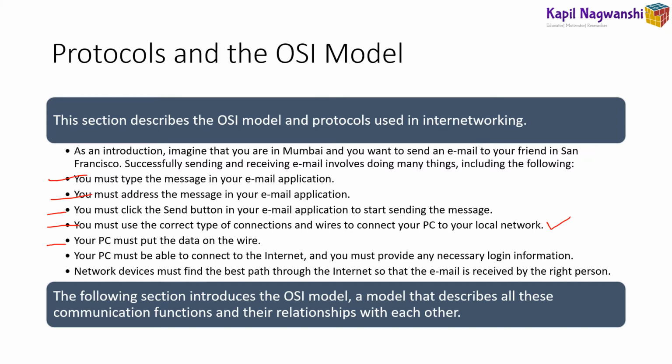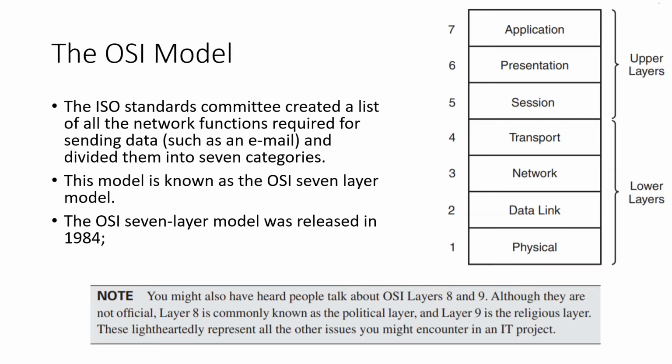and their relationship with each other. So this is a 7 layer model. It is not a working model, but the ISO has defined these layers based on their abstraction. Abstraction means how the physical layer is different from the data link layer, network layer, transport layer, session layer, presentation and application layer.